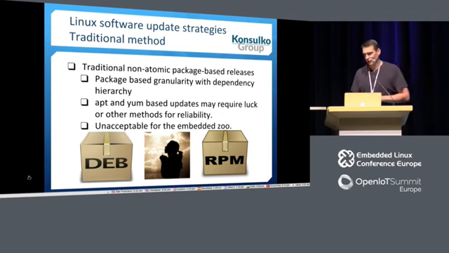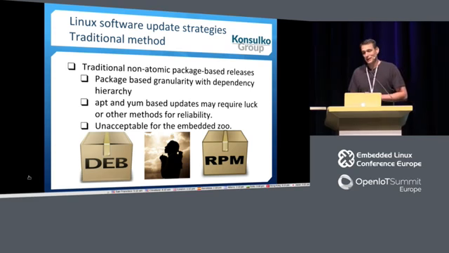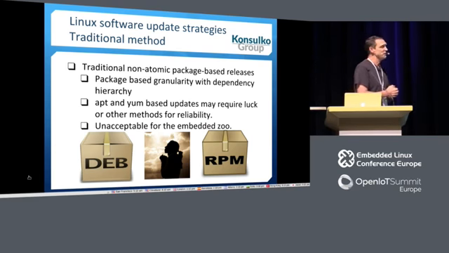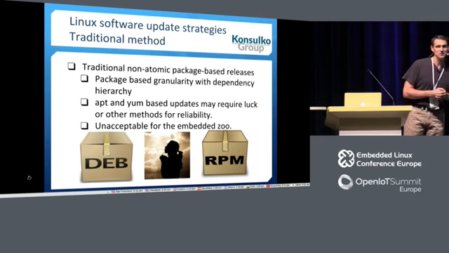But one of the things we find in embedded devices is that approach is unacceptable. One of the reasons, as we've already touched on, is that with that non-atomic update, the reliability's not there.